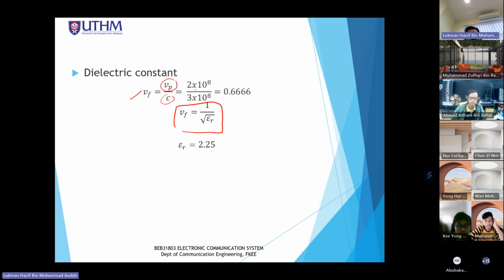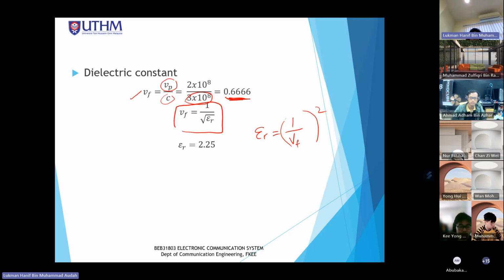So 2 times 10 to the power of 8 divided by 3 times 10 to the power of 8, which is the standard speed of light. We get 0.6666. Therefore, when we want to find epsilon r, epsilon r is equal to 1 over Vf squared.